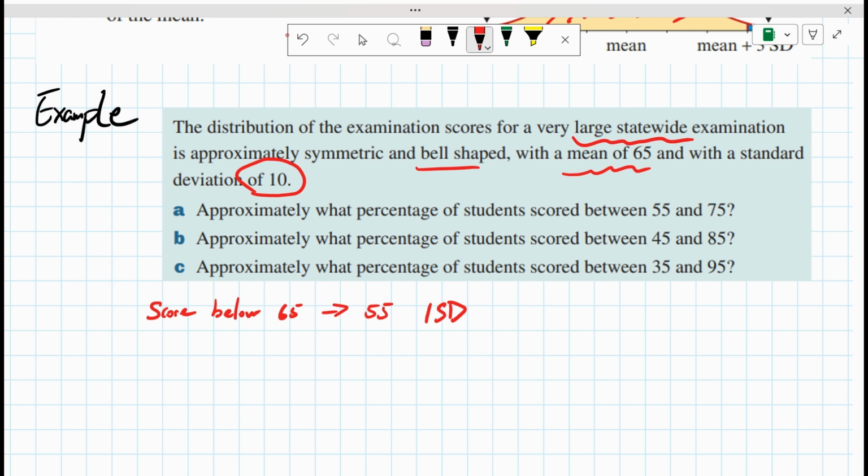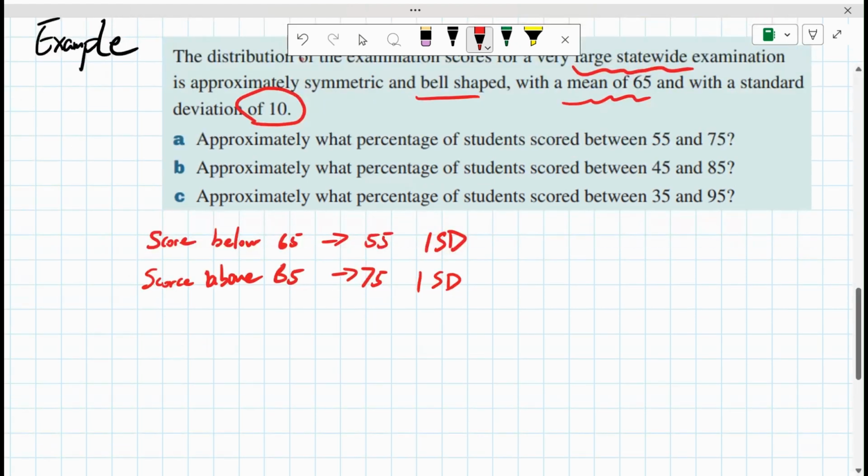And if the score is above 65, it's 75, which is above the mean by one standard deviation as well. Remember, the standard deviation is 10, so 55 is below 65 by 10. That's your first standard deviation, and the bell curve looks like that.